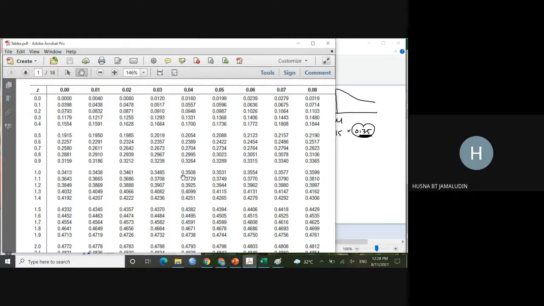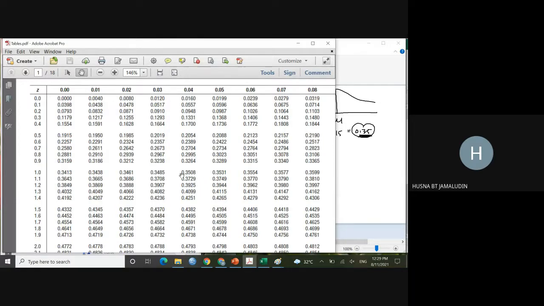Do you have a calculator with you? Which one is the smallest? 0.3508. Yep, that's right. So when you minus these two numbers with 0.35, you will get 0.3508 is the smallest.